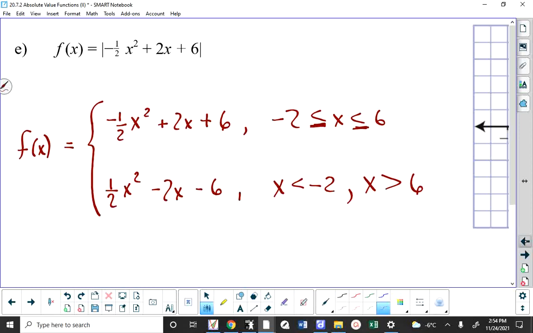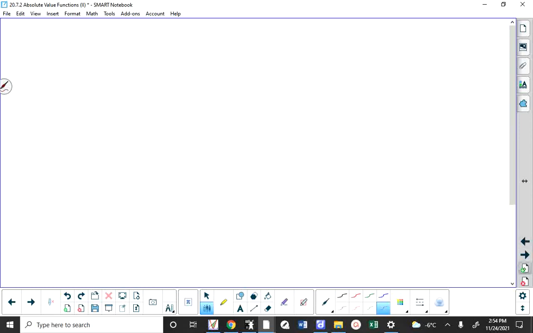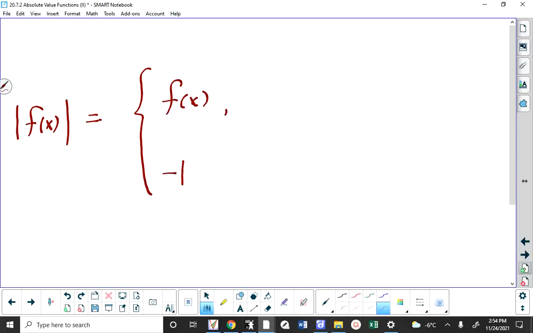Bottom line, forgetting about graphing, one of your functions will always be f of x, and one will always be negative f of x. And this is where, x-wise, do you understand what I mean by x-wise? I want you to tell me about the domain.